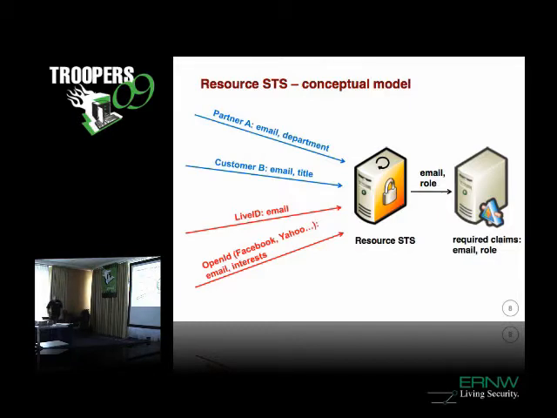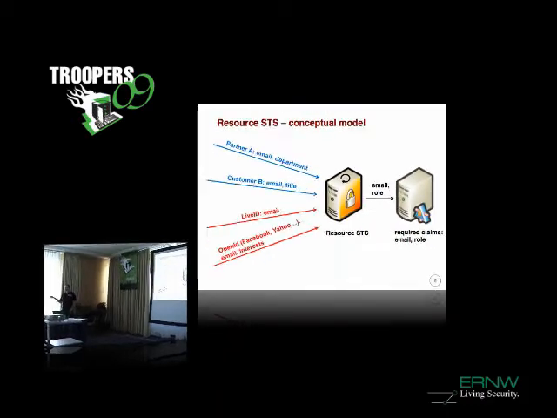So again, what's the reason we do that? Because we want to take the complex security stuff away from the application, because we have many applications, and we don't want to re-implement all that stuff over and over again. Cool. That's a resource STS.